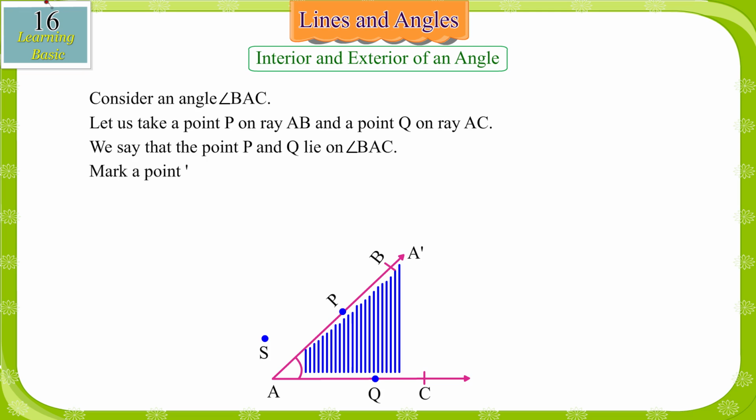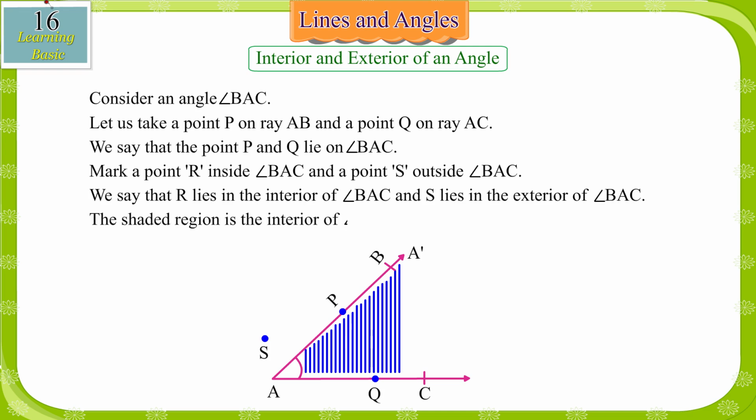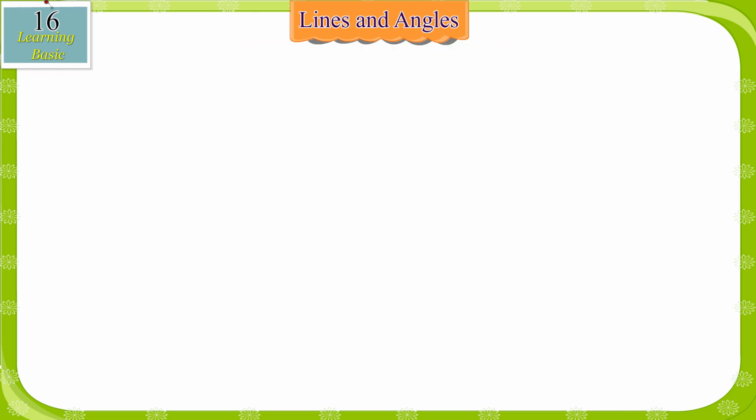Mark a point R inside angle BAC and a point S outside angle BAC. We say that R lies in the interior of angle BAC and S lies in the exterior of angle BAC. The shaded region is the interior of angle BAC.